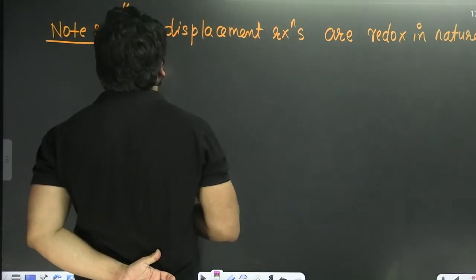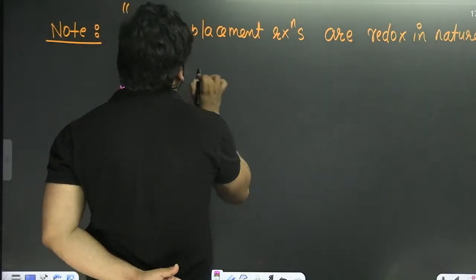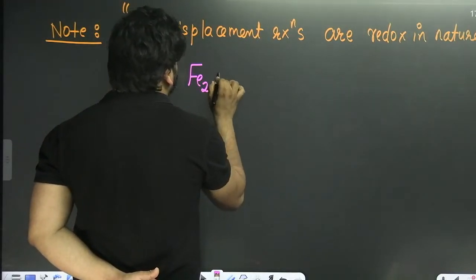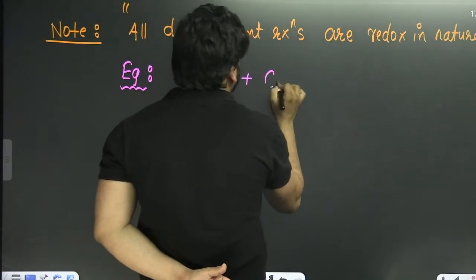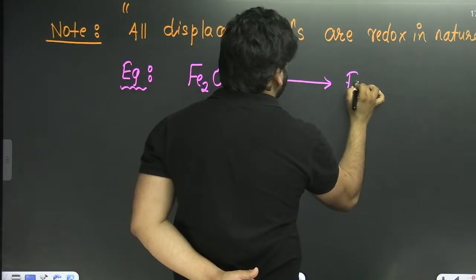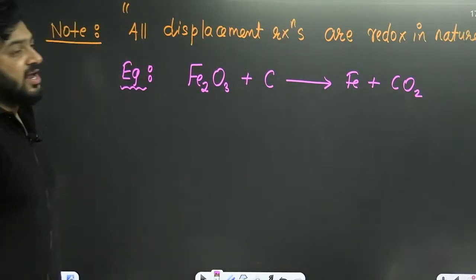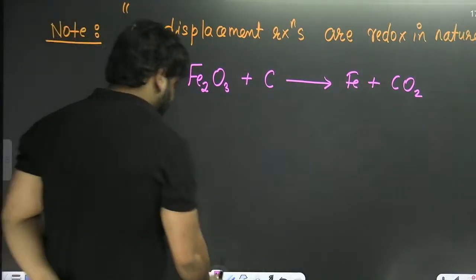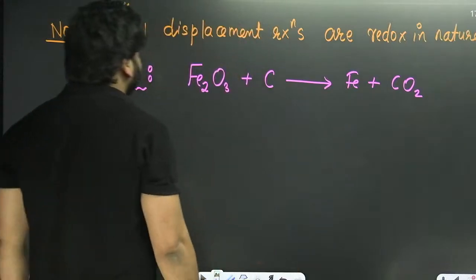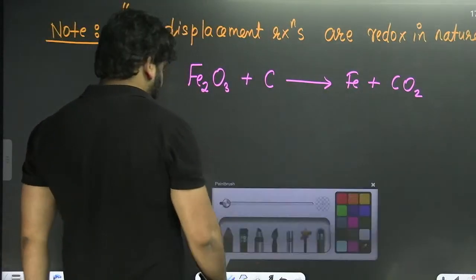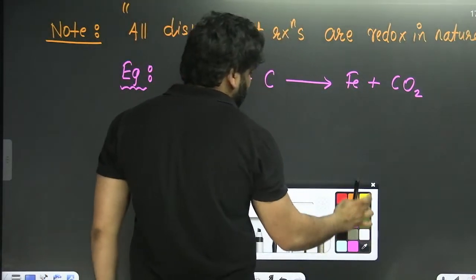Example: let us say we are reducing iron oxide with carbon, producing iron and CO2. The reaction happens in a blast furnace in the production of iron. So there you can see that all of them are redox in nature. How?